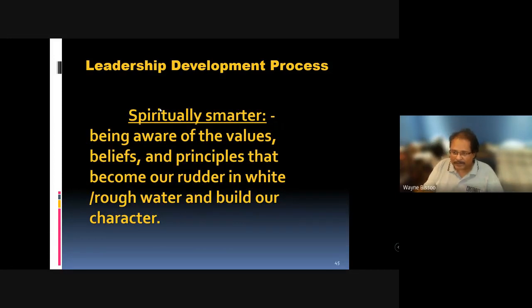And then spiritually smarter: here we're not talking about religion, but we're talking about being aware of the values, beliefs, and principles that become our guides when things get rough. You can see this in people when you look at leaders and how they behave. When things go wrong, what do they do?